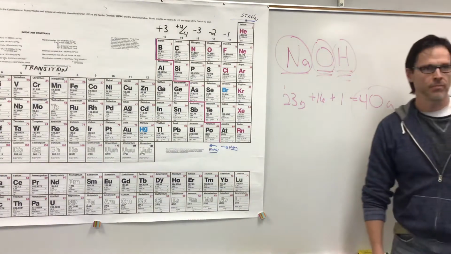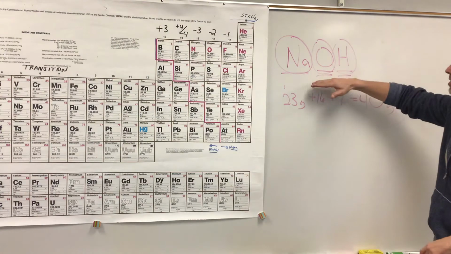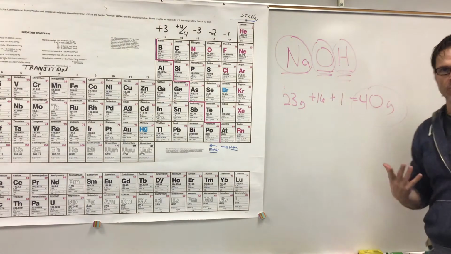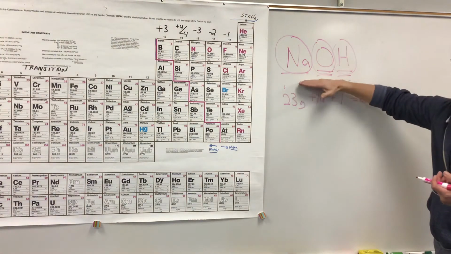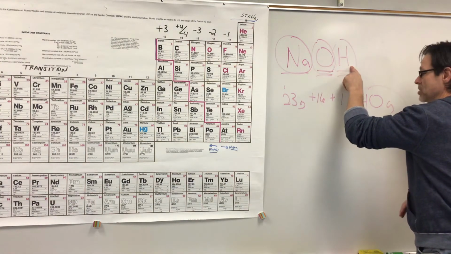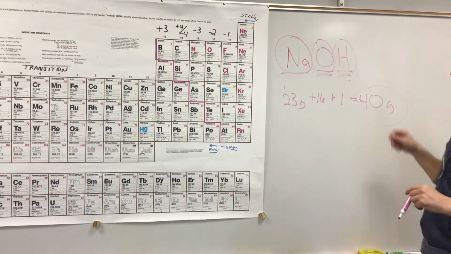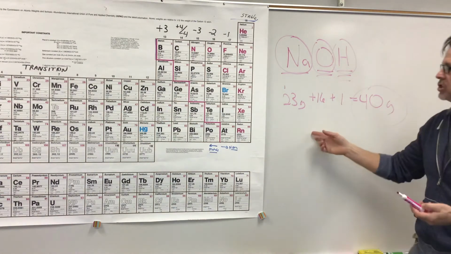That's all you had to do. I just wanted you to practice that. Recognize that you don't need to know that this is sodium hydroxide. You may or may not, but what I want you to recognize is that's sodium, that's oxygen, and that's hydrogen. What would those 3 atoms combined weigh? Just look at the atomic mass.